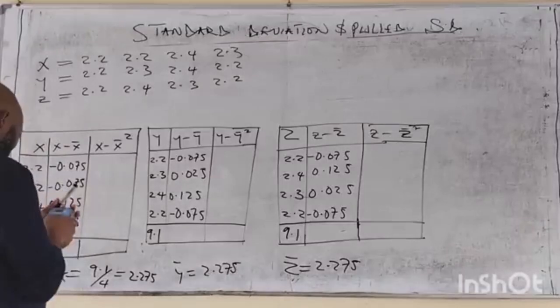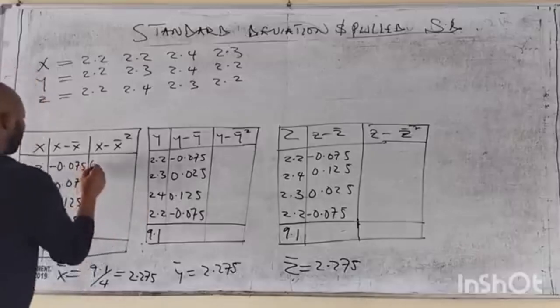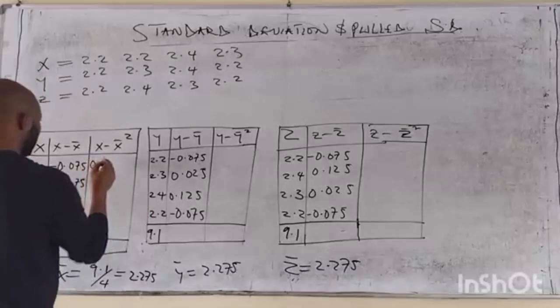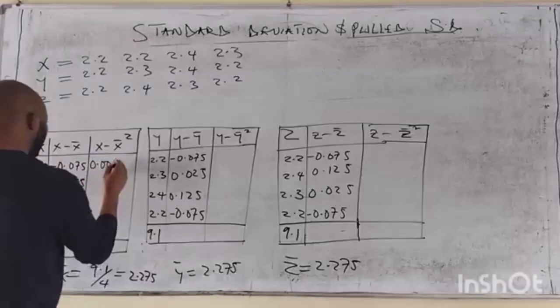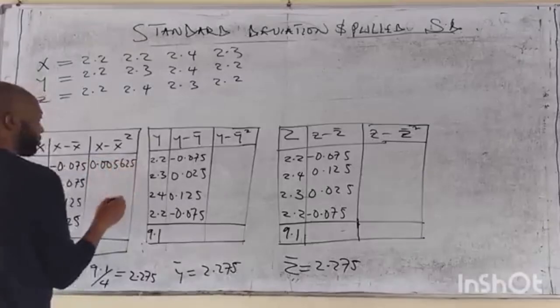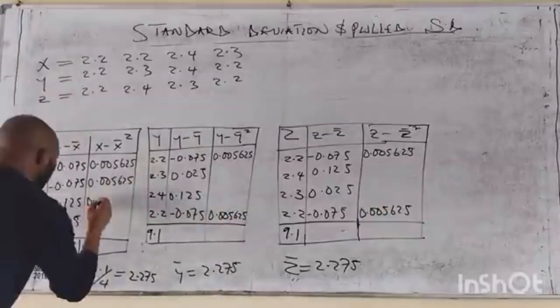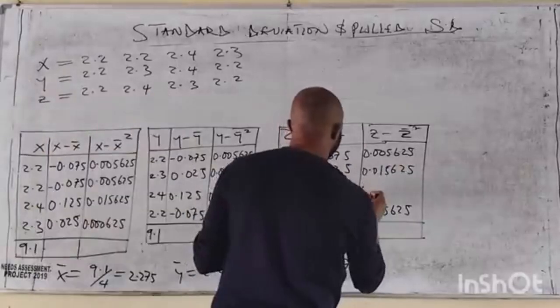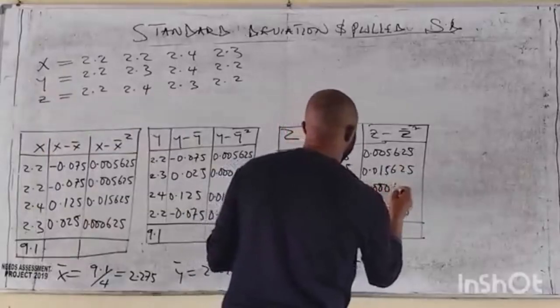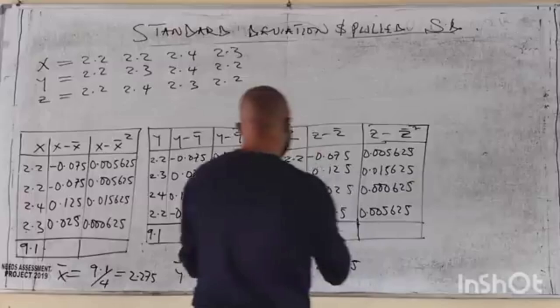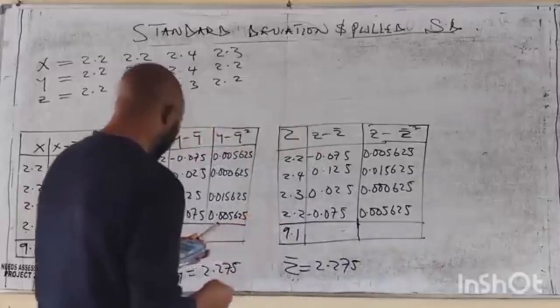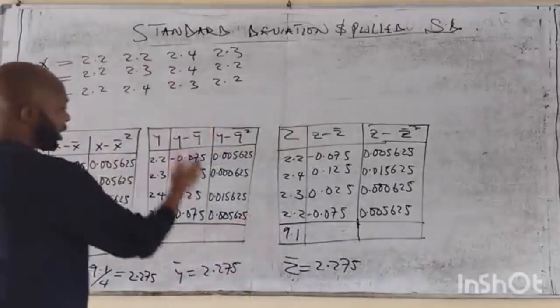The square is 0.005625. And 0.000625, which means the summation here will be the same here and here.